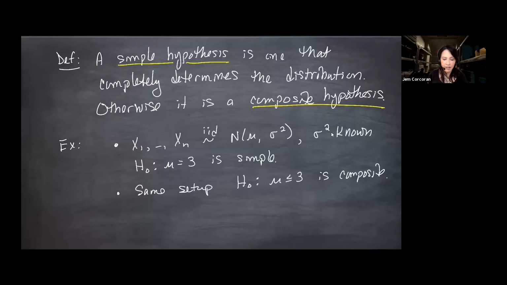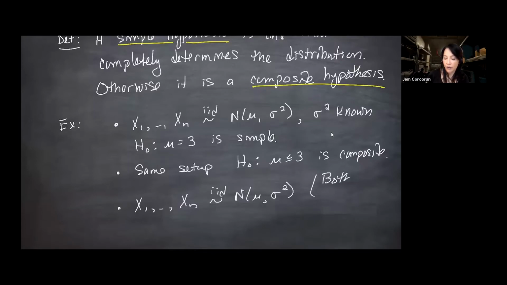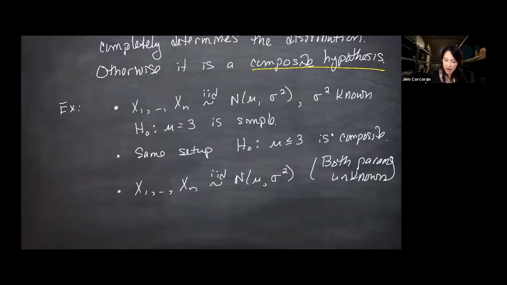And the thing that is sometimes kind of overlooked is that in this other setup, I'm going to suppose that X1 through Xn are IID normal(mu, sigma squared), and both of these parameters are unknown. In this case, the hypothesis that mu equals 3 is actually composite.